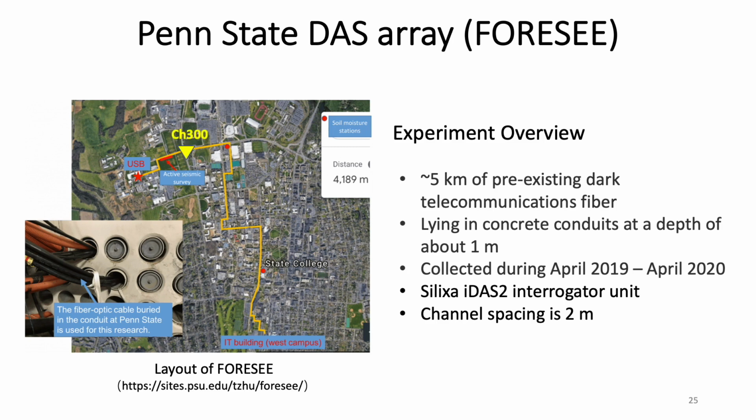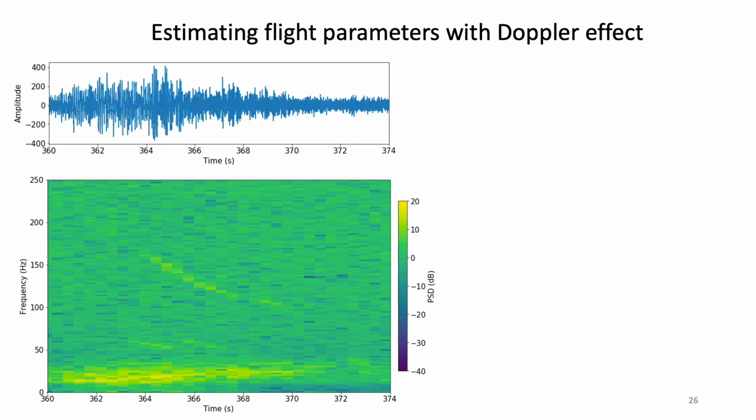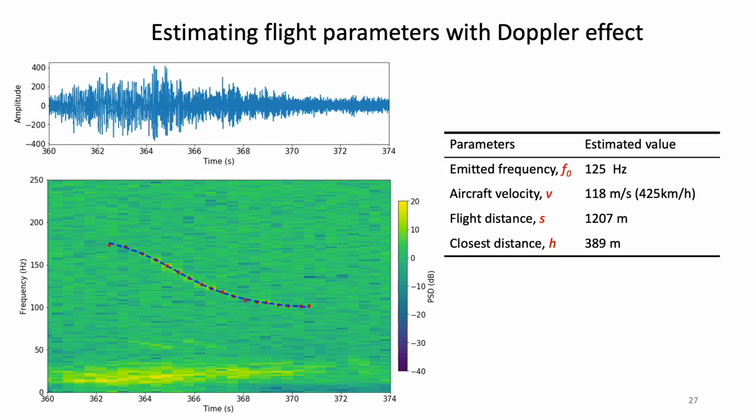From the data recorded at channel 300, we observed the Doppler effect of the airplane, which is similar to the geophone signals. We can also get these flight parameters by fitting the Doppler effect. These estimated parameters are all within a reliable range.